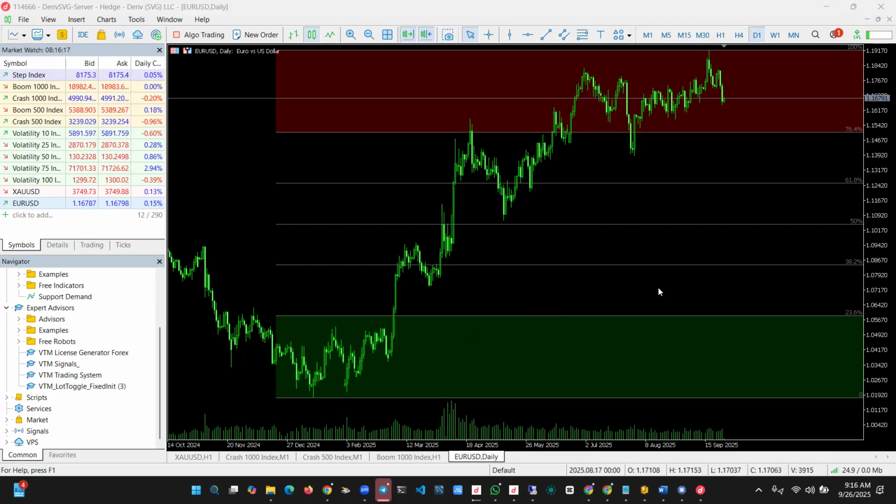On a normal day, when price gets to this point, there is high chance that the price will reverse from here. Let's say it's been buying, if it gets here, there's high probability for the price to reverse here and start selling.